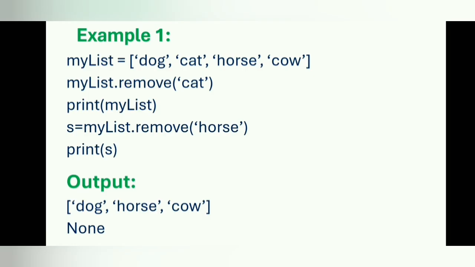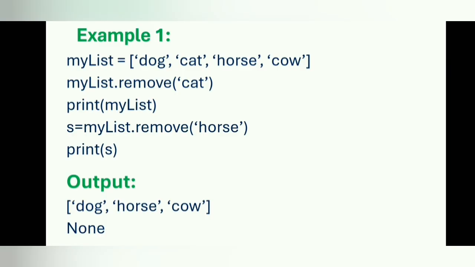Example 1. In this example, the first thing I did was create a new list with the 4 string elements dog, cat, horse, cow and assign it to the variable myList. In the next statement, I call the remove method with the value cat as an argument. The method goes through the list starting at position 0 and searches for the value passed to it, in this case cat.